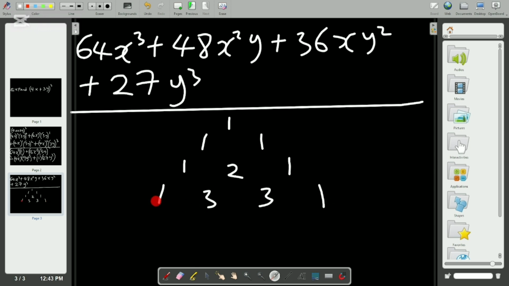Now you are going to use these to multiply and get the coefficients. 1 times 64, 3 times 48, 3 times 36, and then 1 times 27.